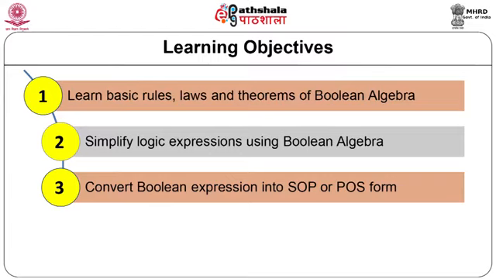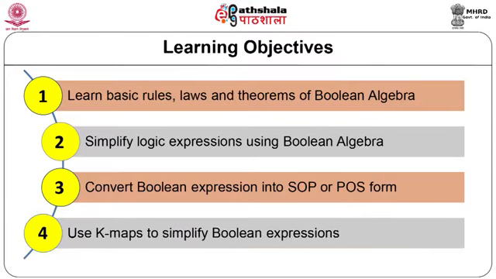In addition, it is necessary to understand the min terms and max terms. As the number of terms in the Boolean expression increases, it becomes difficult for the designer to simplify using basic rules and laws of Boolean algebra. In the last section of this module, you will understand how to use a graphical method, that is Karnaugh maps, to simplify the Boolean expressions.